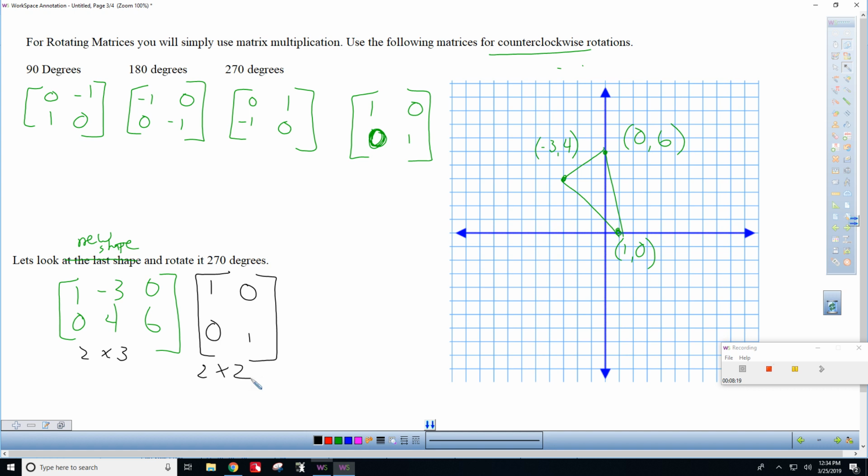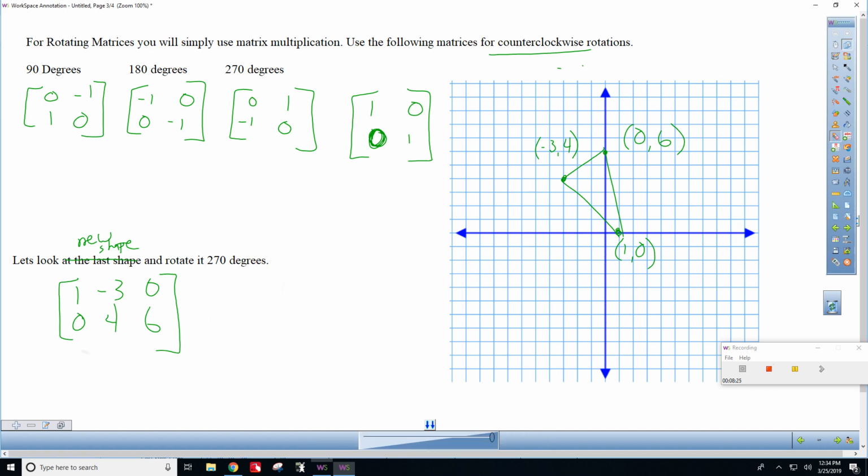So I need to left-hand multiply it by that. I told you I'd never done this before, or never taught it before. So we're going to left-hand multiply it by 0, negative 1, 1, 0. And now we've got a 2 by 2 by a 2 by 3, so the result will be 2 by 3. That's what we're looking for.